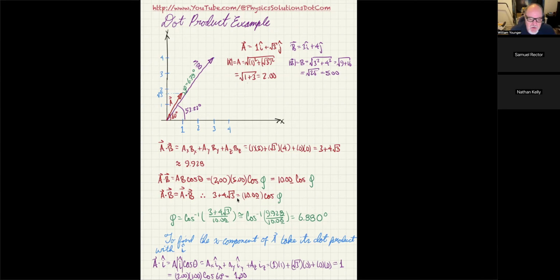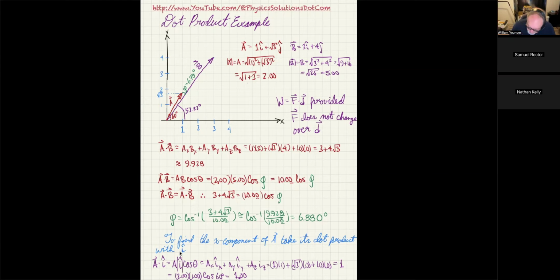Thanks, Nathan. All right, so that's an introduction to scalar products, basically two vectors multiplied to give you a scalar, and you can see now how vectors come into play when we calculate work, because work is really just F dot D. So now we know work is equal to F dot D, provided F does not change over D. In other words, anywhere along D, the direction and magnitude of F is not changing.